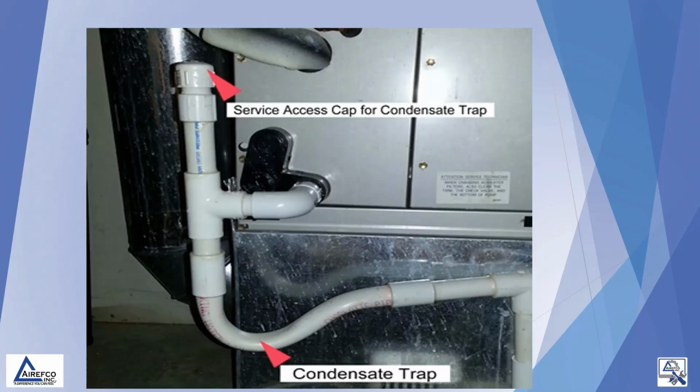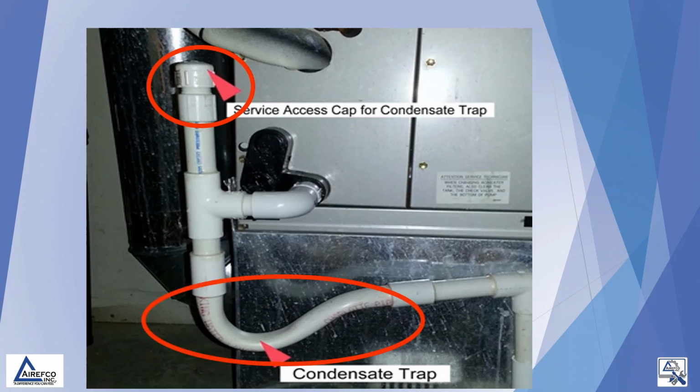This picture shows two things that should never be done on a condensate drain that is put on a coil or a furnace. The first thing is the cap on the top of the PVC pipe for the drain. It has been capped instead of left open as an air gap. The second is the shallow running trap.